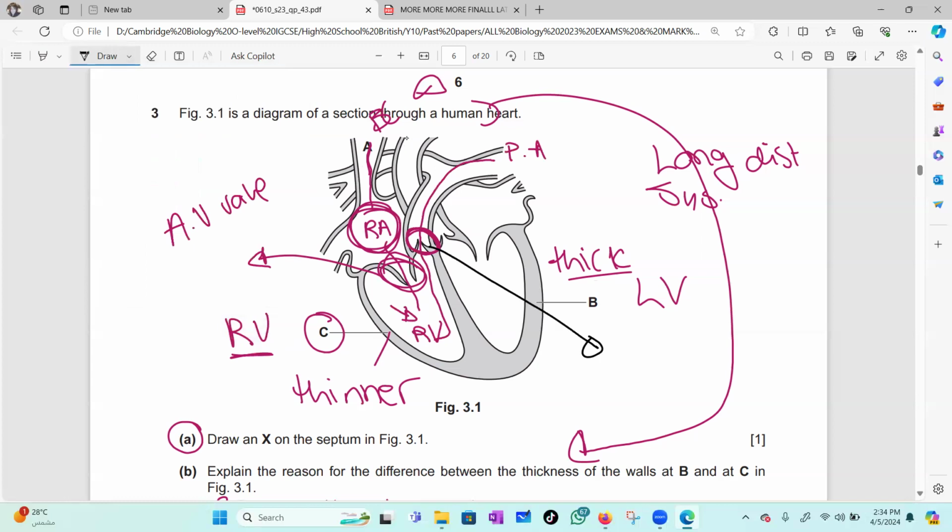Correct, but where is the other name? They like the other name, the name shared by the 2 valves, the aortic valve and the pulmonary valve. We said atrioventricular, and the correct one here is semi-lunar valve. I always noticed that they prefer this name in the mark scheme. The semi-lunar valve will now be open. Correct. It will enter the pulmonary artery.